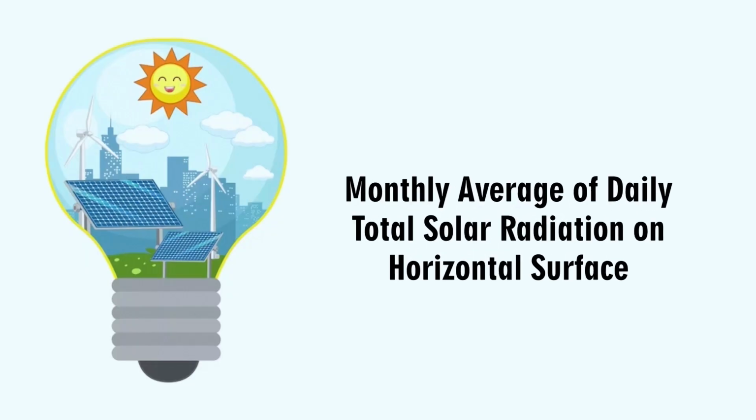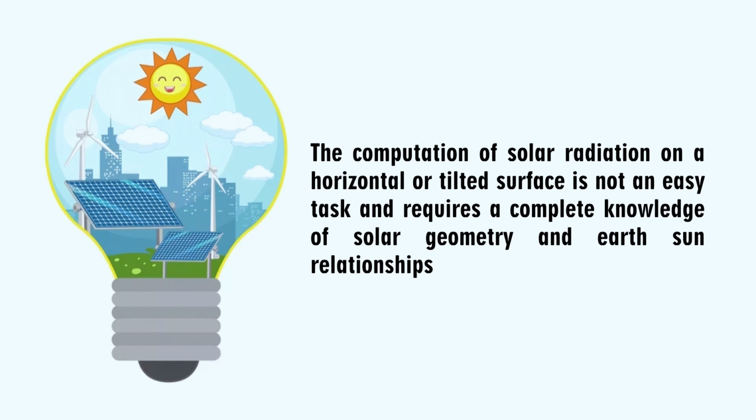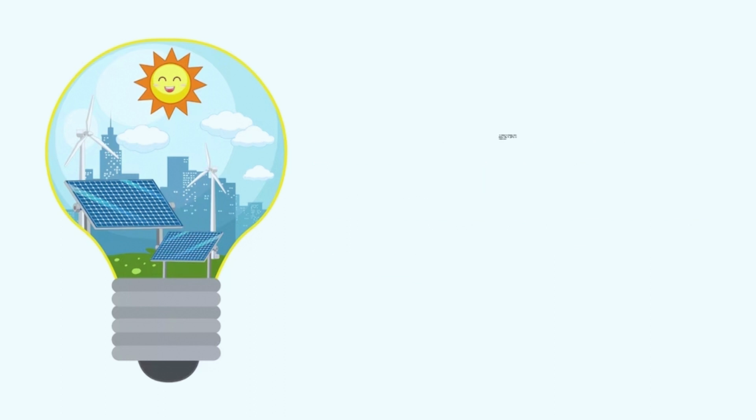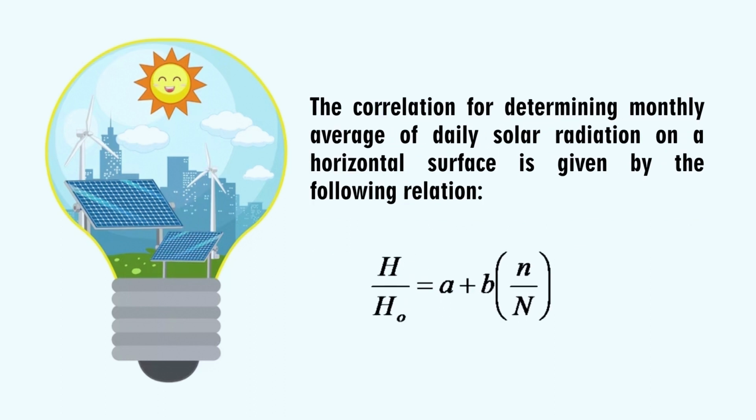Now we will understand the monthly average of daily solar radiation on a horizontal surface. The computation of solar radiation on a horizontal or tilted surface is not an easy task and requires complete knowledge of solar geometry and the Earth-Sun relationship. However, there are correlations available for the estimation of solar radiation on a horizontal surface. Ultimately, we need the value of the monthly average of daily solar radiation on a horizontal surface.